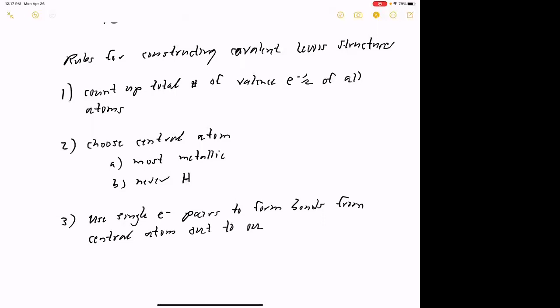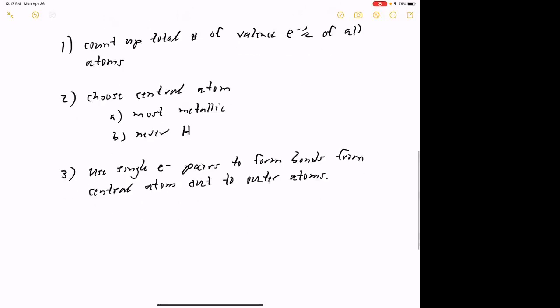Those are the ones out around the periphery. All right. So we start using up electron pairs to make those bonds. One pair of electrons per bond.